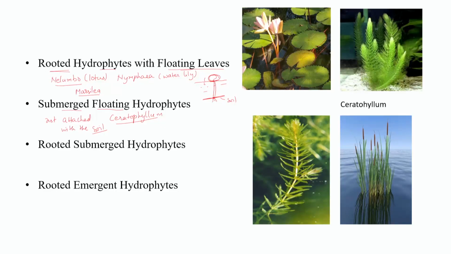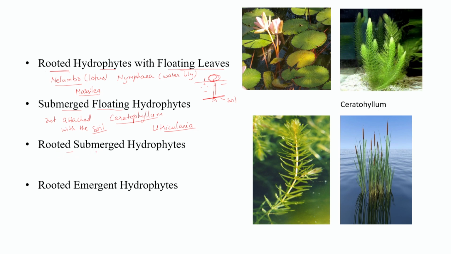So generally you will find the leaves are very fine and thin, and they are highly divided leaves. So Ceratophyllum is there, then Utricularia, some examples.